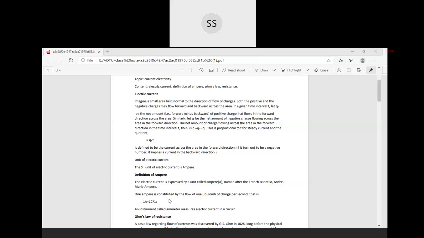Or the instrument ammeter measures electric current in a circuit. The instrument which can measure electric current is the ammeter.